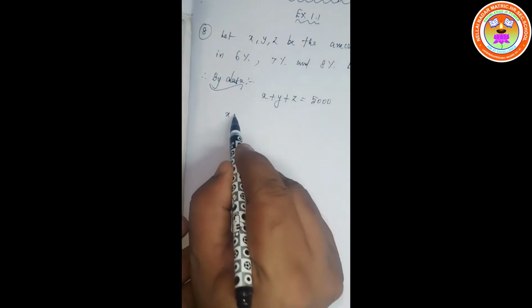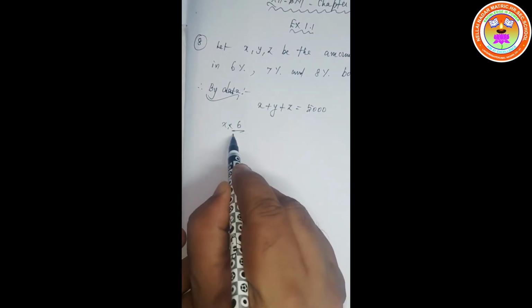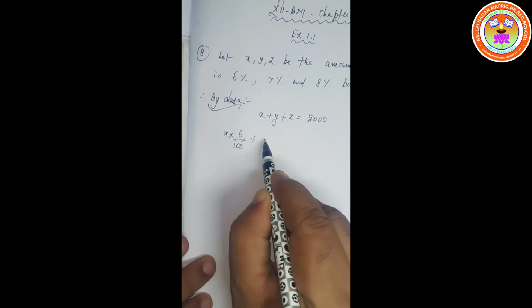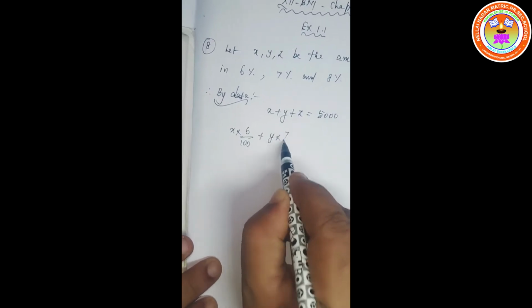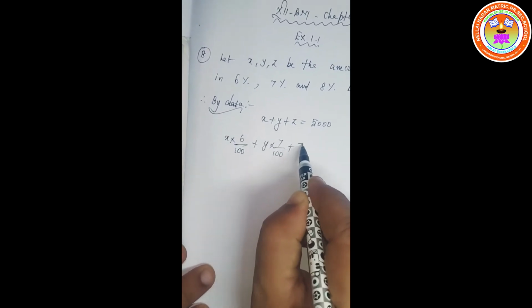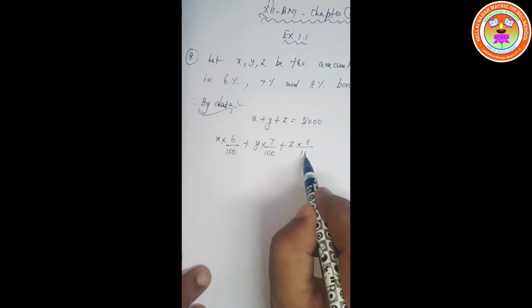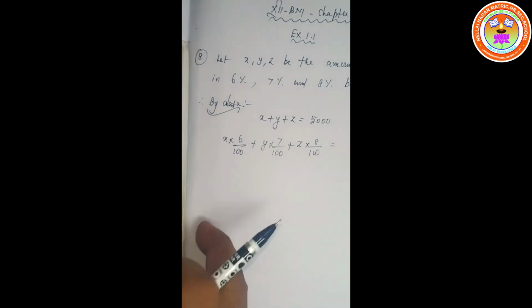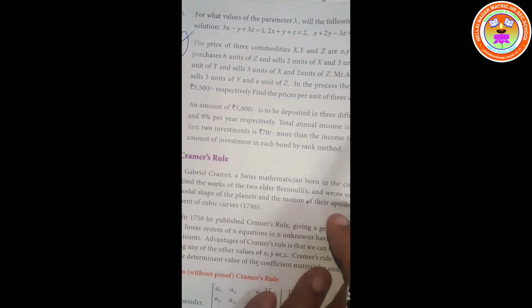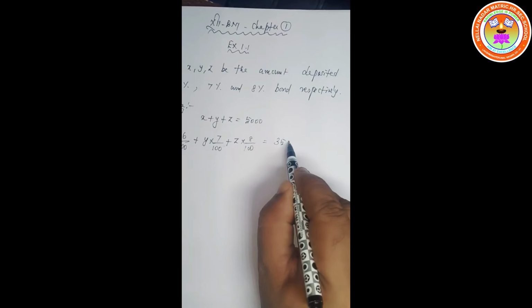Second one, for the amount X, what is the rate of interest? 6%. For the amount Y, the rate of interest is 7%. For the amount deposited Z, the rate of interest is 8%. The total interest, what is given? Total interest is equal to 358.